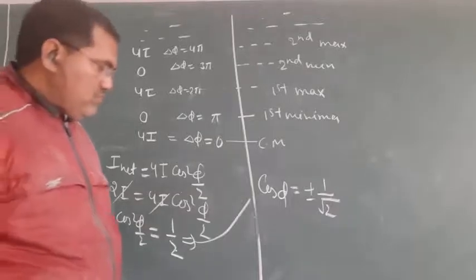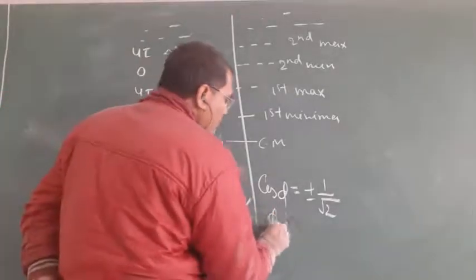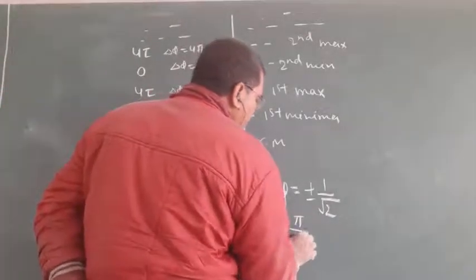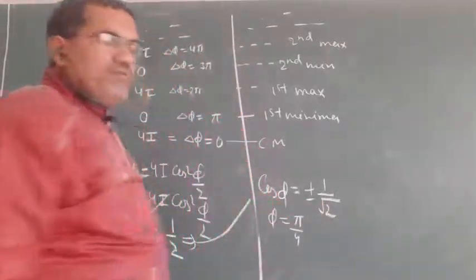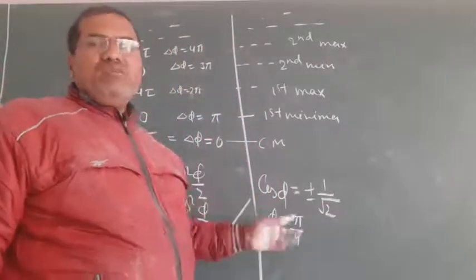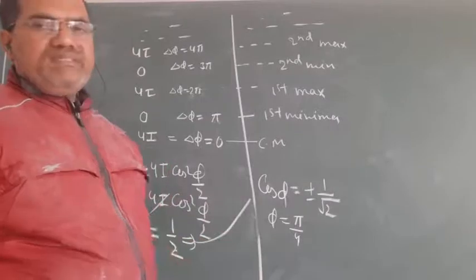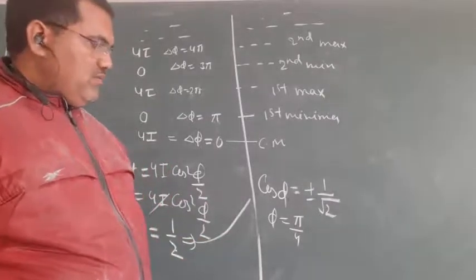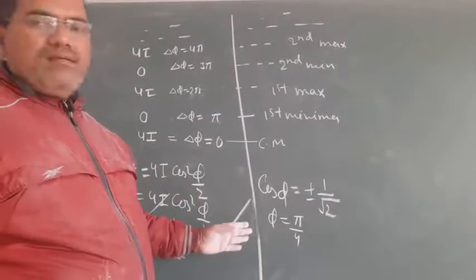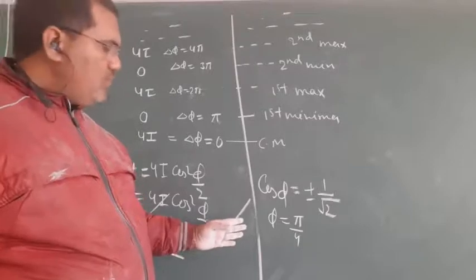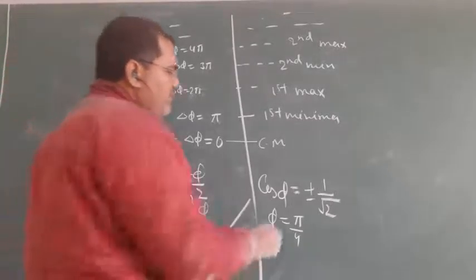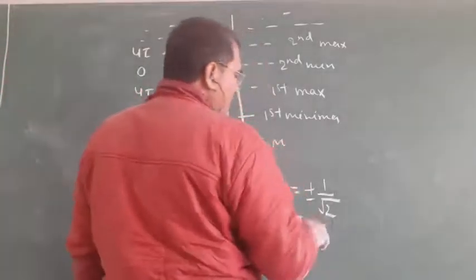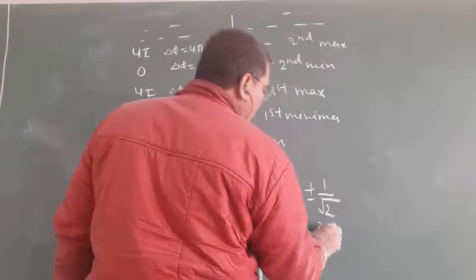So phi by 2 will be pi by 4. There are many solutions, as we see by the graph of cosine. Pi by 4, and pi minus pi by 4, that is 3 pi by 4.